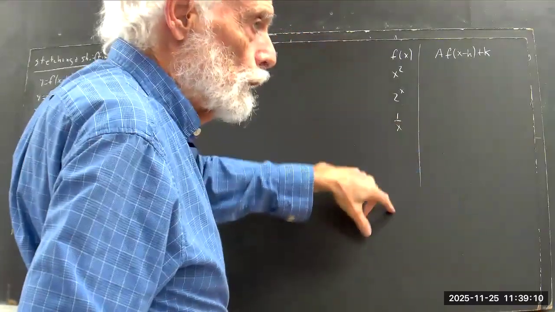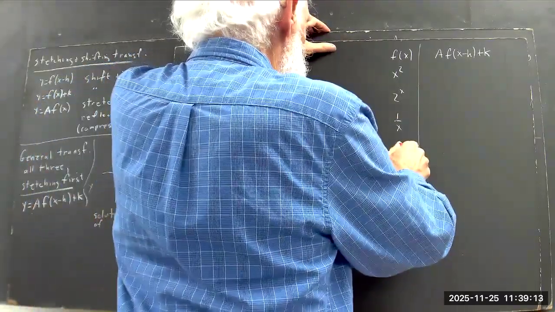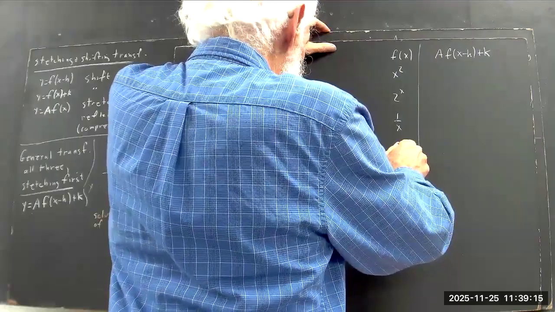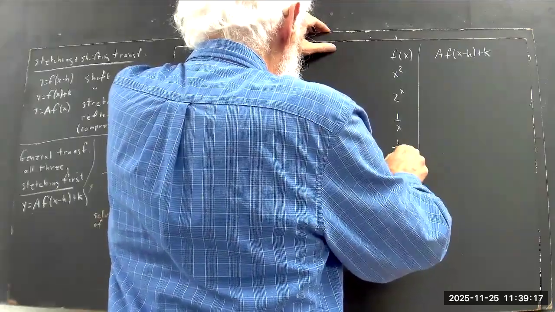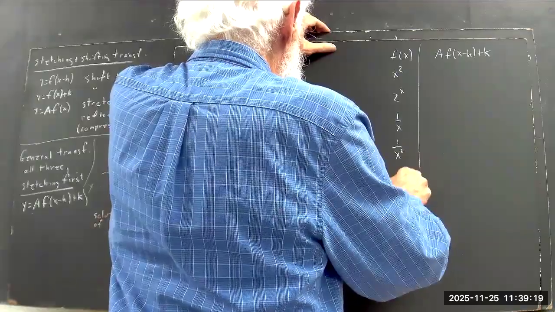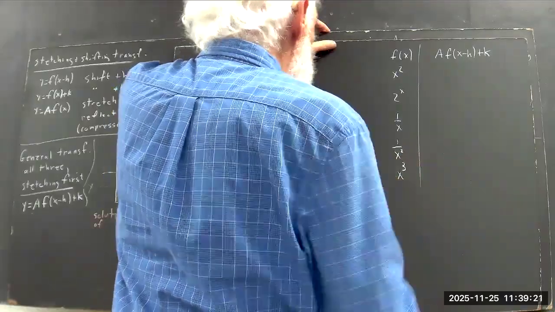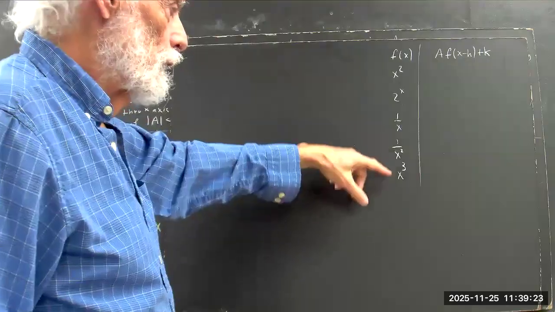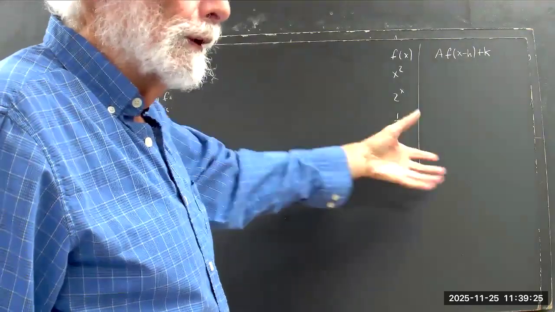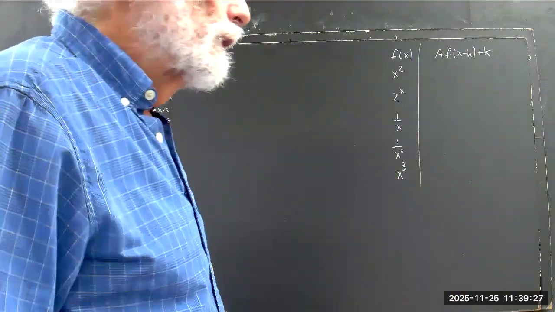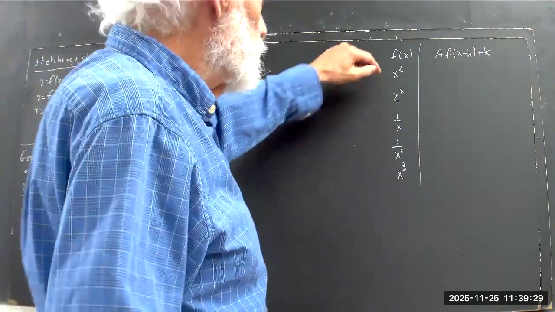Now I'm going to list a couple more functions. Include 1 over x squared and x cubed. We've seen how to construct these. I'm not going to do the construction right now.